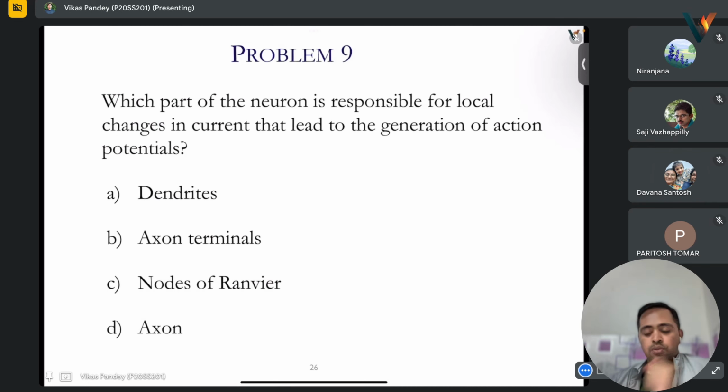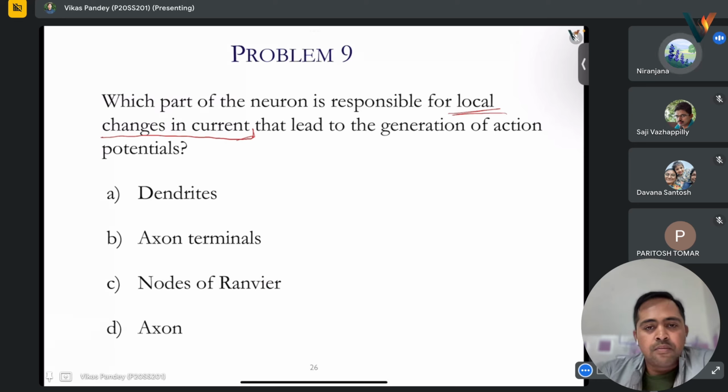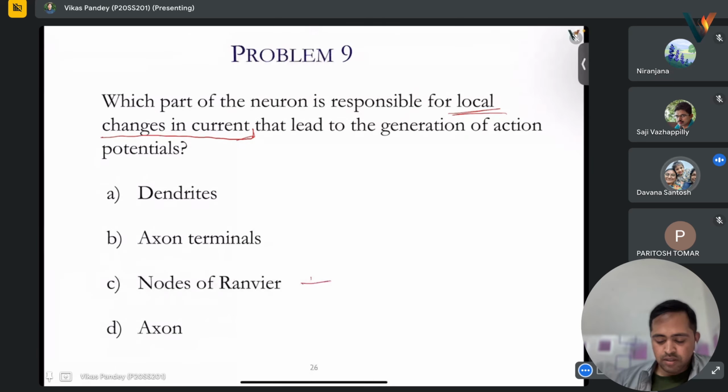Which part of the neuron is responsible for local changes in current that lead to generation of action potential? Here, remember, we are talking about local changes in current. Nodes of Ranvier.